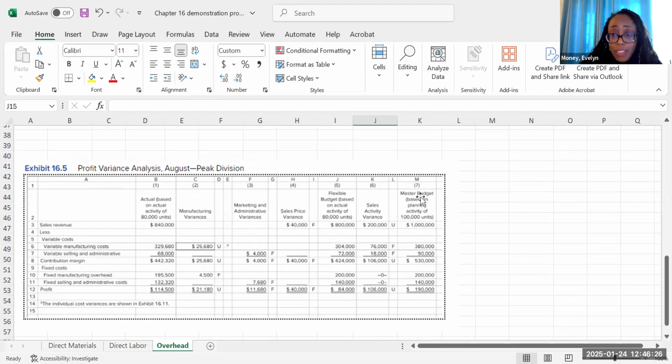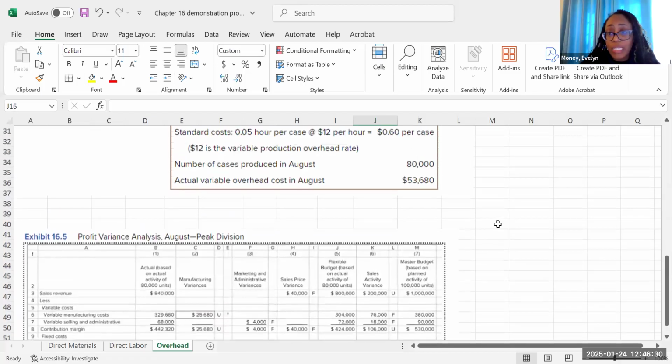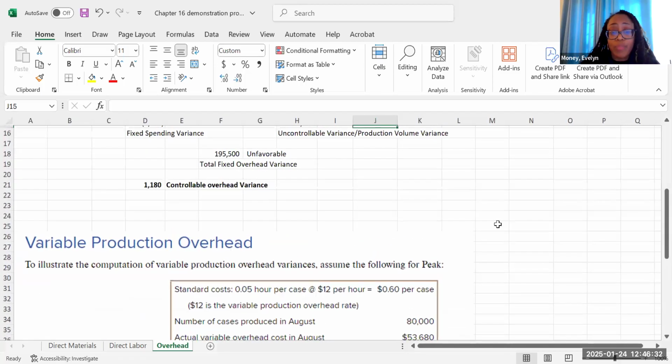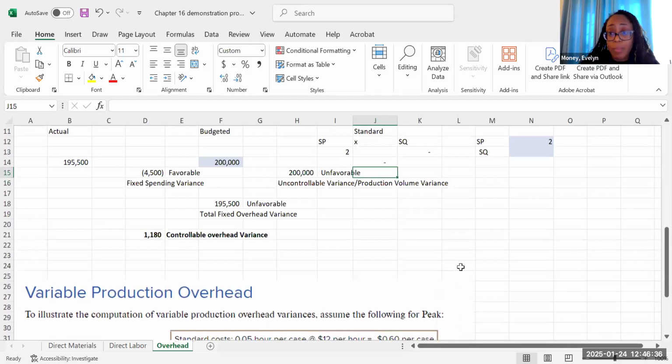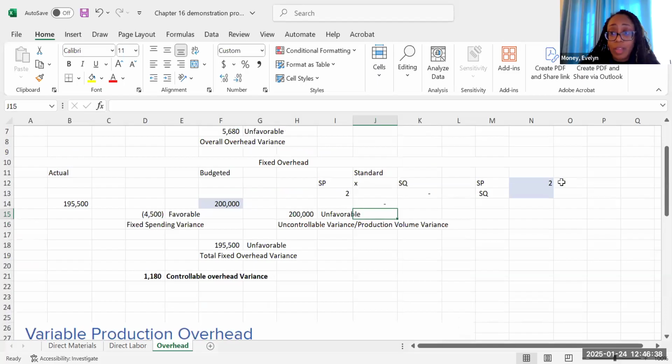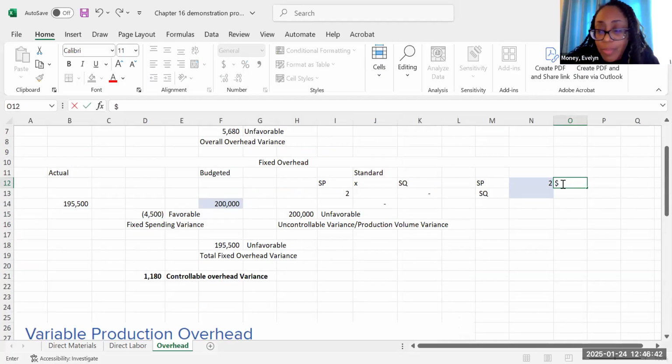But in the master budget, we had planned activity of 100,000 units. So that means the rate that we would have used would have been based on what was in the master budget. So that 2 that I already have plugged in there, I guess I forgot to delete it from something I was doing before, is the budgeted amount divided by the 100,000 units.